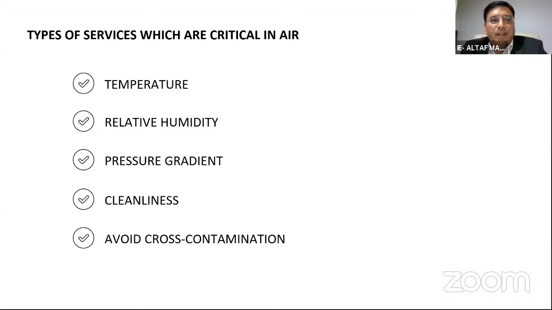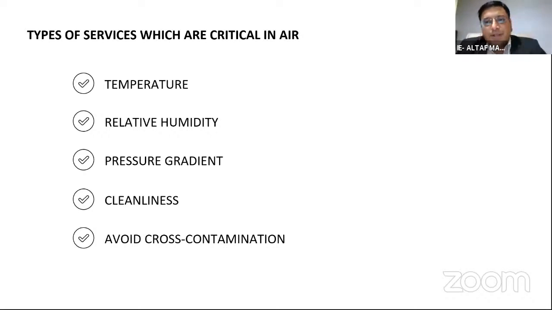For example, somewhere it is 17 or 19 degrees centigrade with RH of 55% to 60%, and somewhere it is 21 plus minus 2 degrees centigrade and 55% RH, based on the product and process requirements.